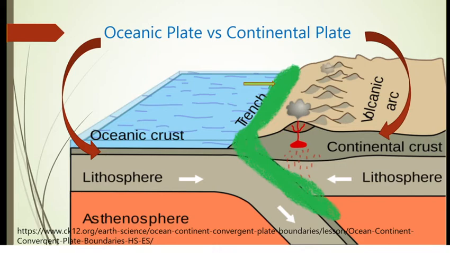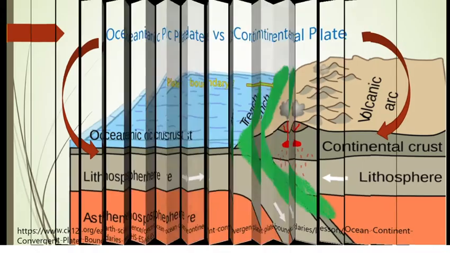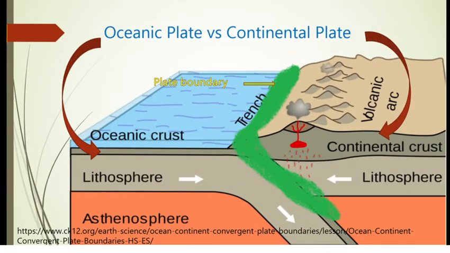Okay? So if you look at the picture, along or near the plate boundaries, we can see different geological features. So you have the trench, and you can also find the volcanoes. Okay, so that is the plate boundaries.